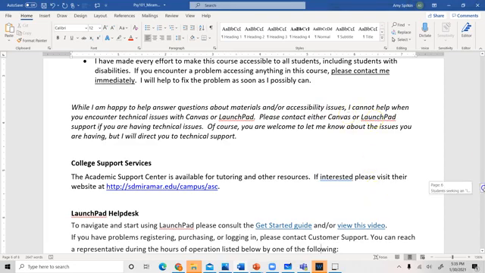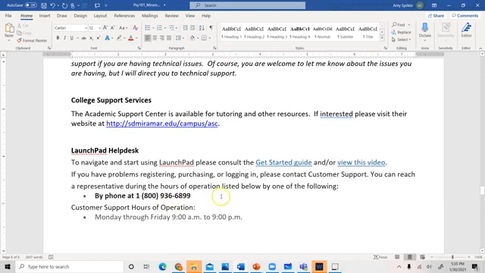I do have the Launchpad support phone number right here, and they're really great. So be sure to contact technical support for technical support and contact me for any issues you're having with the class. And if you need any type of academic support, here's the Academic Support Center.